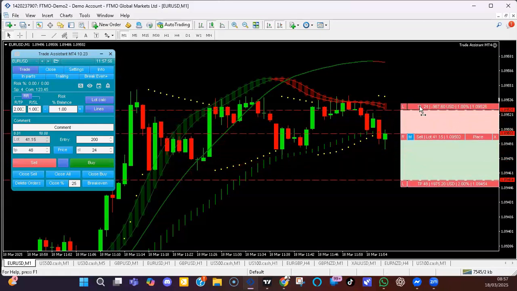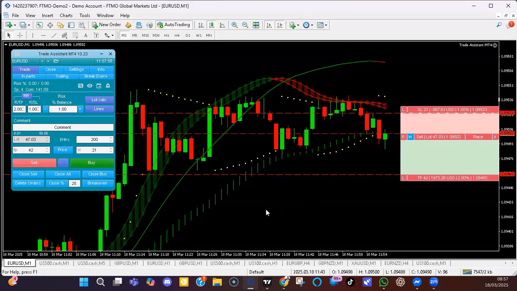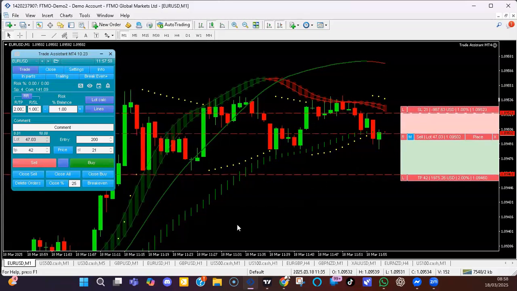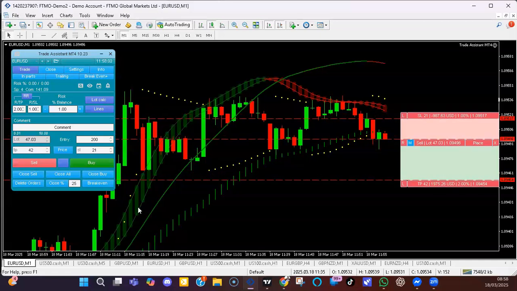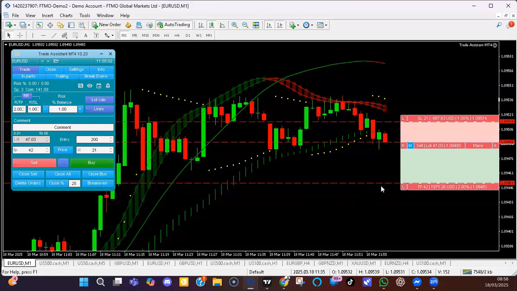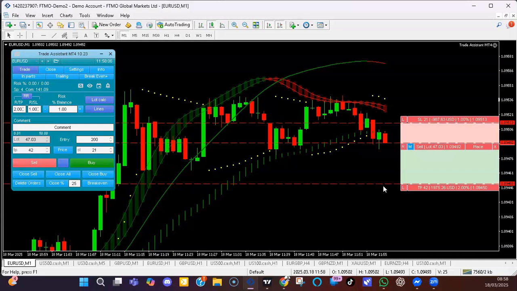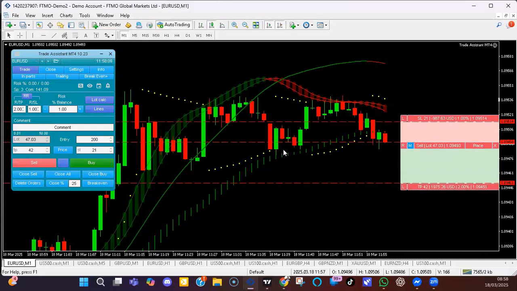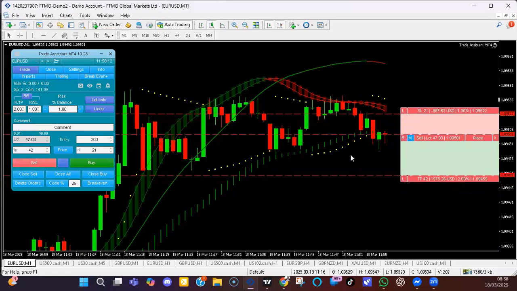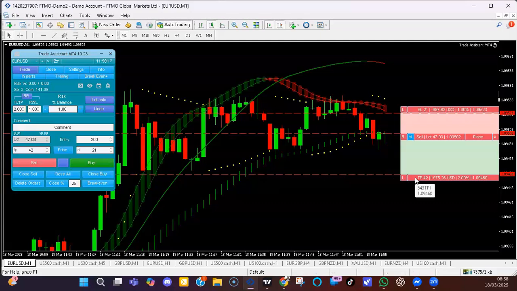Pull that back up again. Make sure I'm price down here to break out of these areas to give me a bit more of a commitment for it is going to be on a deeper sell.